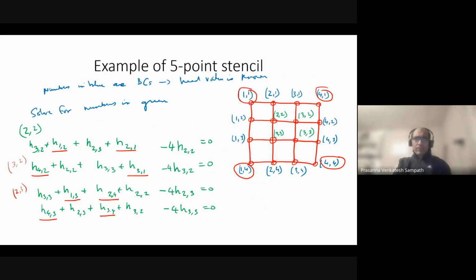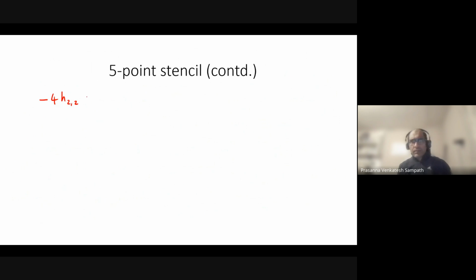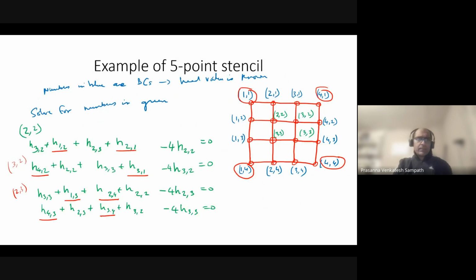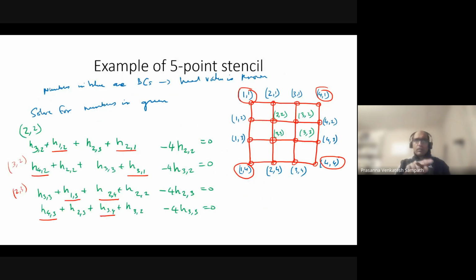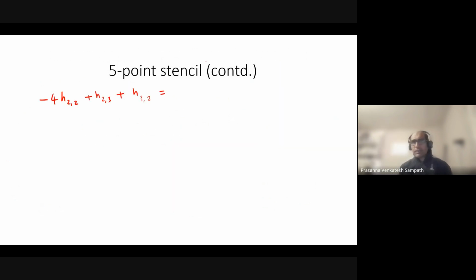So plus h of 2 comma 3 plus h of 3 comma 2 equal to, on the right hand side it will be minus h of 1 comma 2 minus h of 2 comma 1. Actually the right hand side you don't have to worry about it.